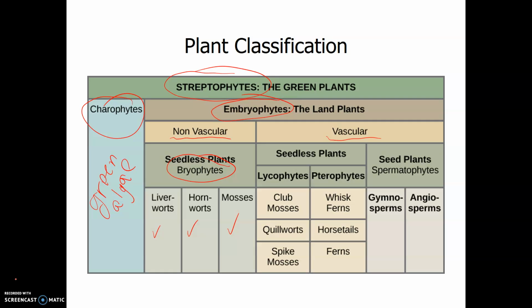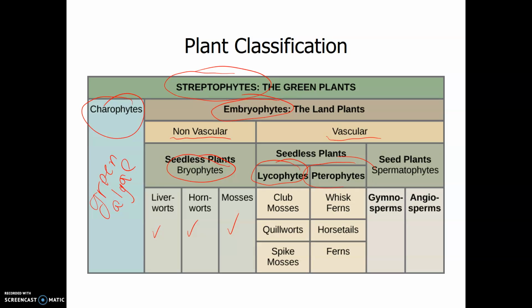Within the vascular plants, there are seedless plants, and they are divided into the lycophytes and the pterophytes. The lycophytes include the club mosses, the quillworts, and the spike mosses. So these are not true mosses. The true mosses are bryophytes, but there are lycophytes called the club mosses and the spike mosses.